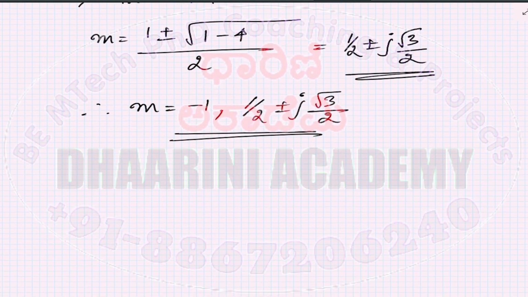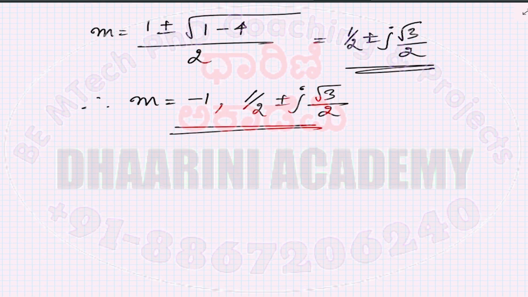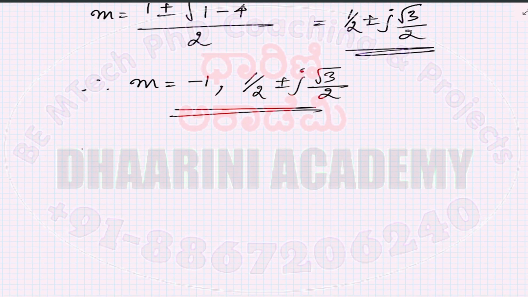So according to the type of roots of the auxiliary equation, we are going to write the yc. Therefore, yc is equal to, first root is real and not repeating. Okay, real and distinct. So therefore it is a constant c1 into e to the power minus x. And second and third roots are complex conjugates.